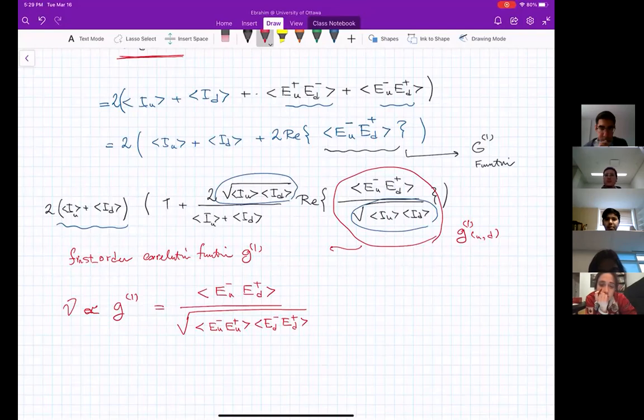So that is essentially what happens when you deal with two fields, one coming from the upper port and the other coming from the down port, and they interfere. That is the expression that dictates the visibility. We derived this based on an entirely classical picture, only assuming that your detector has a certain response time.